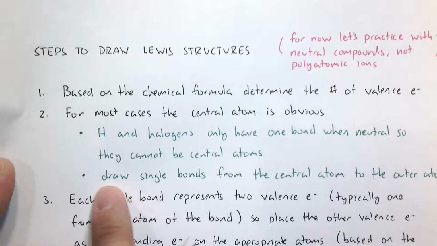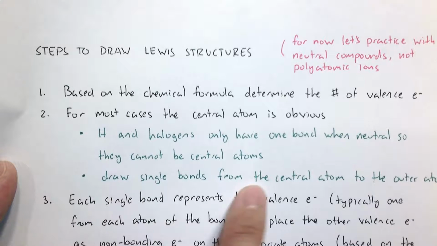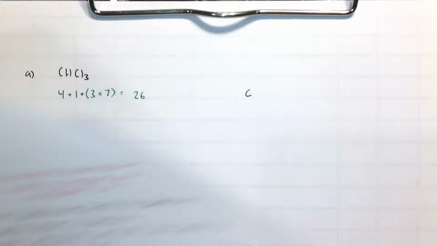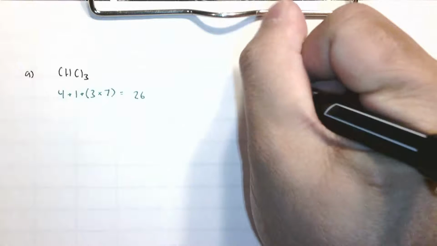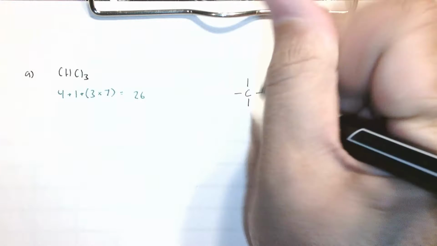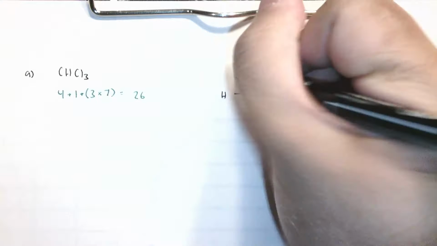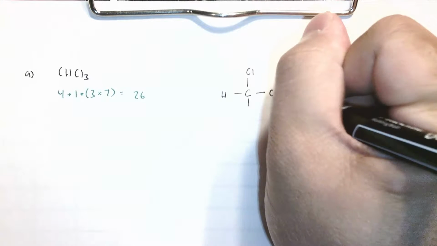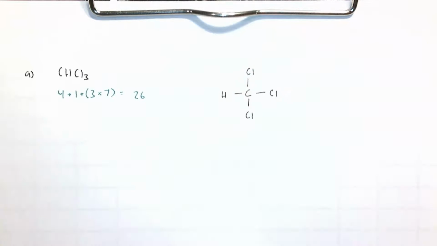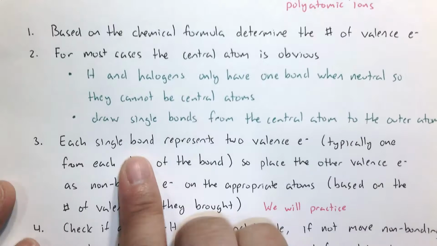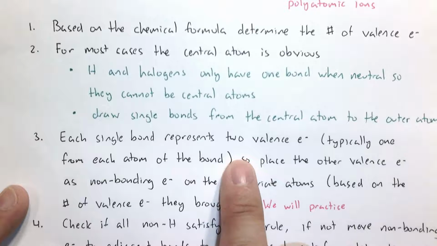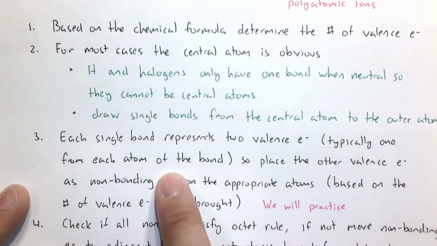This green bullet point here, draw single bonds from the central atom to the outer atoms. So the outer atoms are going to be these 4. It doesn't matter where you put the H and the Cl's around the carbon, as long as they're all singly bonded to the carbon. Okay. Now, it says here, for number 3, each single bond represents 2 valence electrons, 1 from each atom usually.